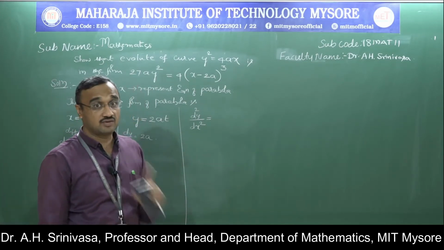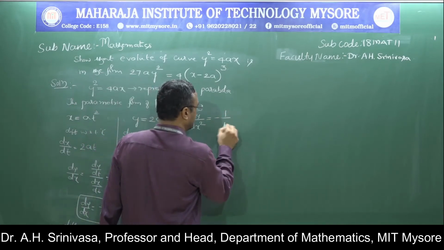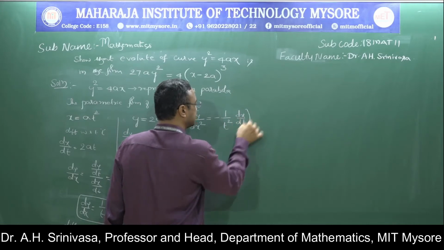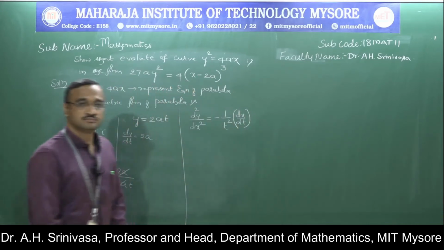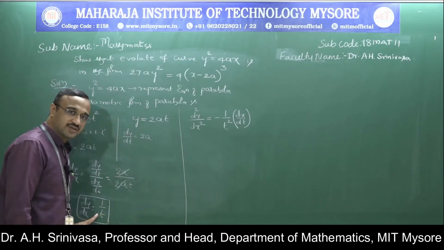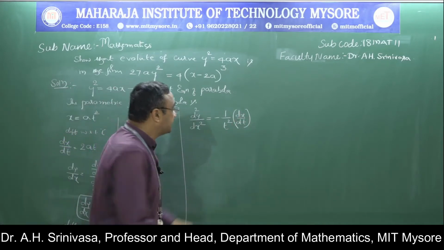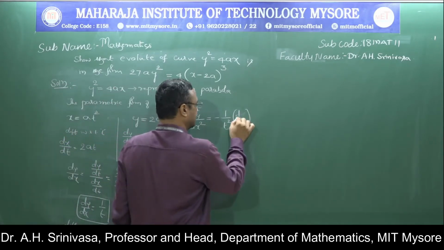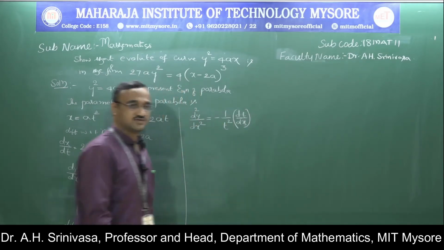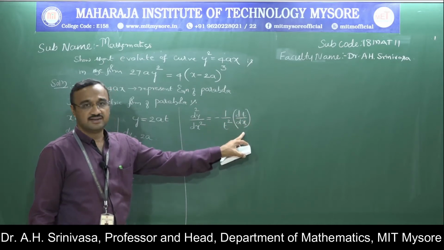I have to be careful here. With respect to x, this is minus 1 by t square into dt by dx, not dx by dt. The differentiation of t with respect to x is dt by dx. Remember this one: minus 1 by t square into dt by dx.